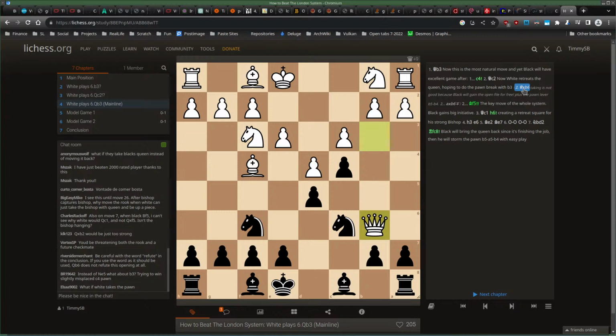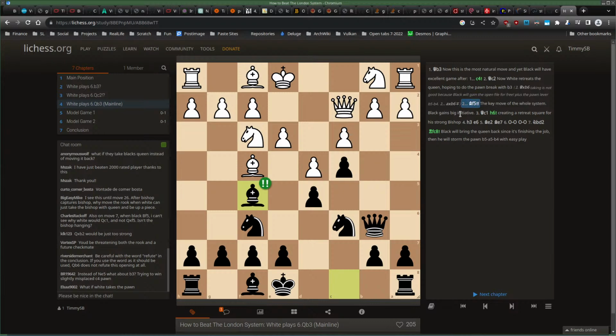Should we take it? They get an open file and that's good. And this pawn is going to go up there. Okay. Is it really? The key move of the whole system.